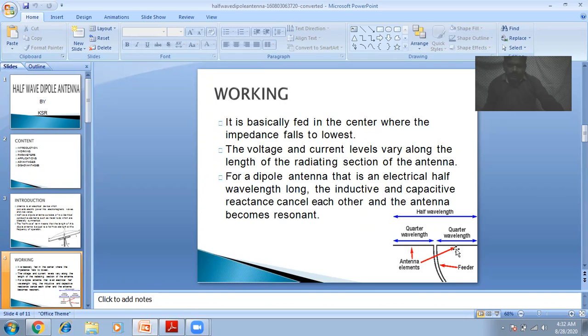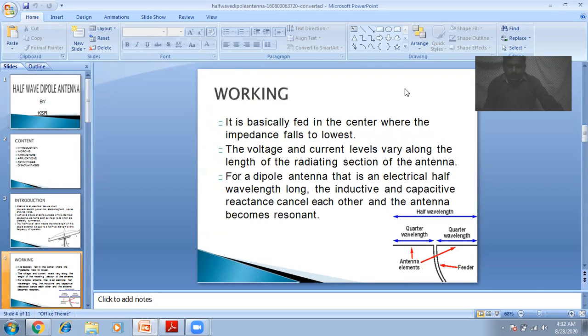And from this end to this end, the length is equal to lambda by 2. Therefore, it is written as half wavelength. Since the total length is lambda by 2, on this side, the length will be equal to lambda by 4. On the other side of this feeder cable, the length is equal to lambda by 4. So lambda by 4 plus lambda by 4 will become lambda by 2.